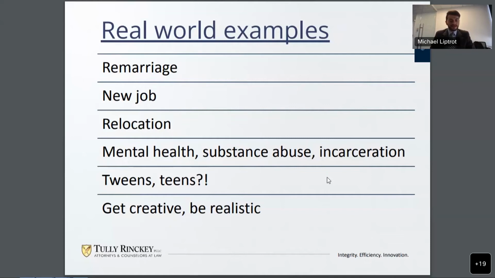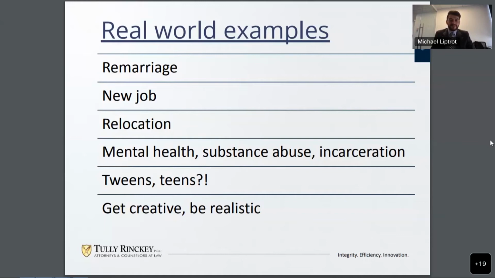Relocation I put there, that's almost automatically going to be a basis for heading back to court, especially in the case of the custodial parent, where you are looking to relocate. If you're going any significant distance from your current home, you would be changing the parenting time abilities of the other parent.